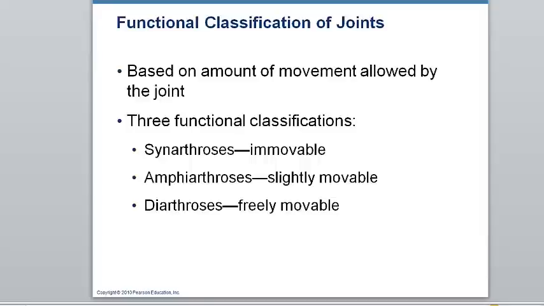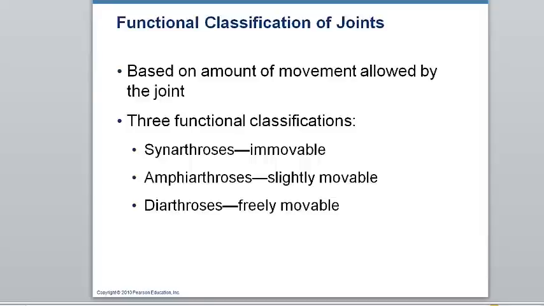The first one is called a synarthrosis or immovable joint. Syn means fused together. Arthro means joint. Immovable joint. And the next type of classification is amphiarthrosis. Amphi means amphibian, where it can live on land and water.